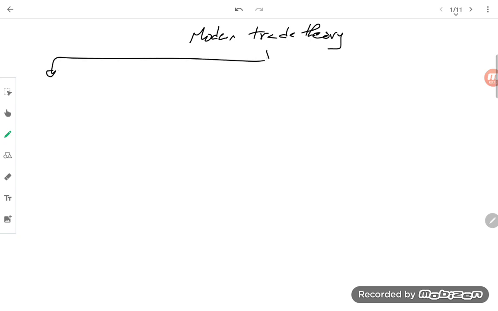Our lecture today is about modern trade theories. In this lecture, we are going to talk about three different theories. Number one, Stolper-Samuelson theorem.